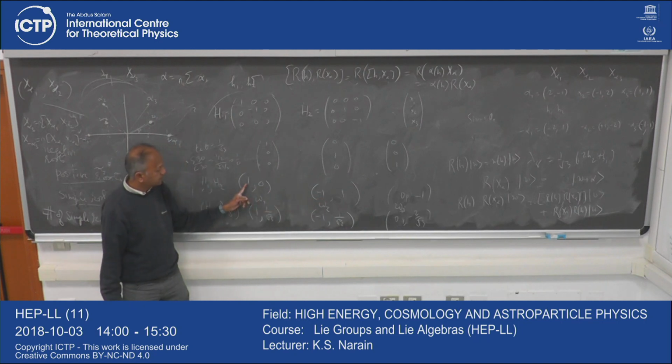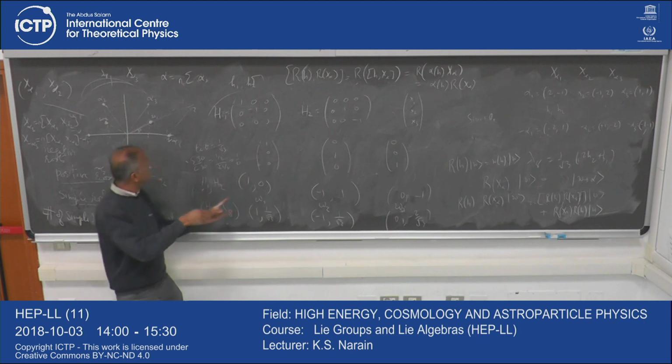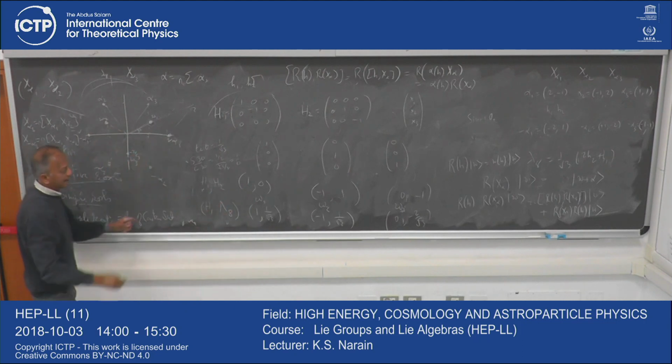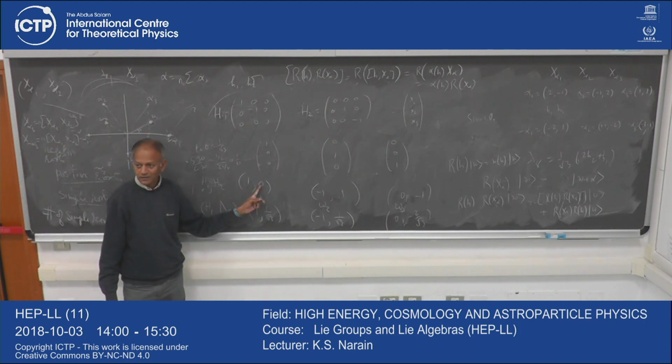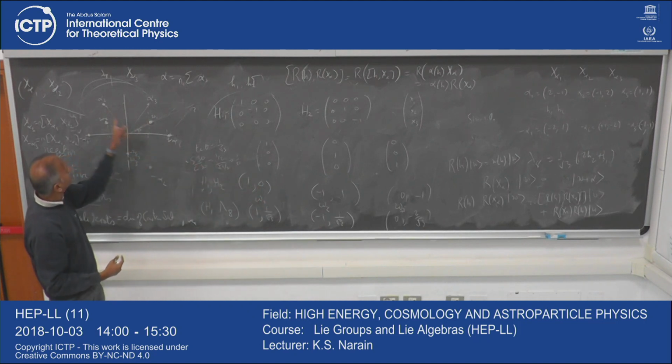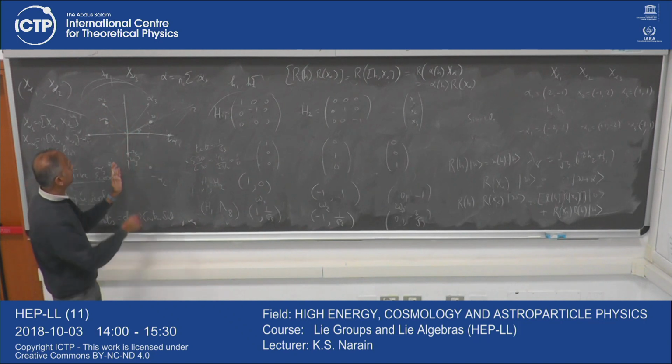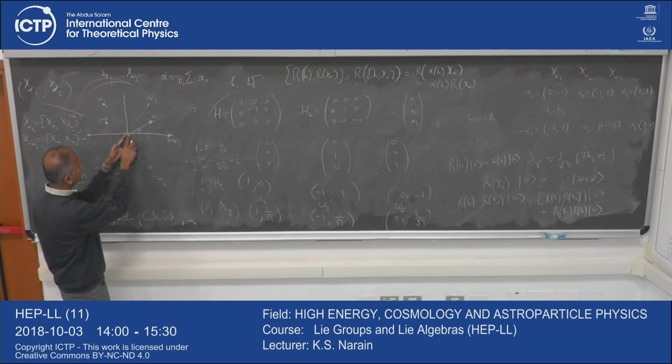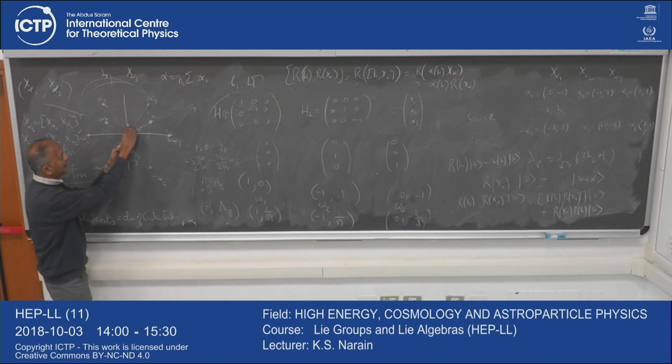So this tells me it is spin half with respect to the first SU2 subalgebra, and spin 0 with respect to the other SU2 subalgebra. That means it's a singlet of this SU2 subalgebra. Although this picture is not very clear, this angle is exactly 90 degrees, because this was 120 and that was 30.